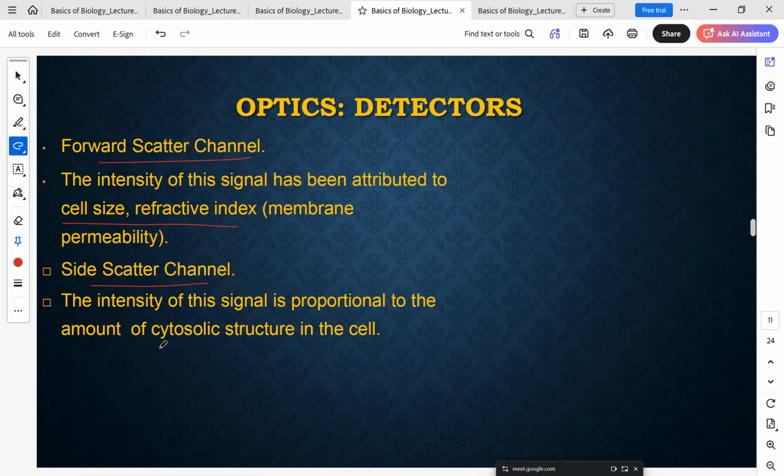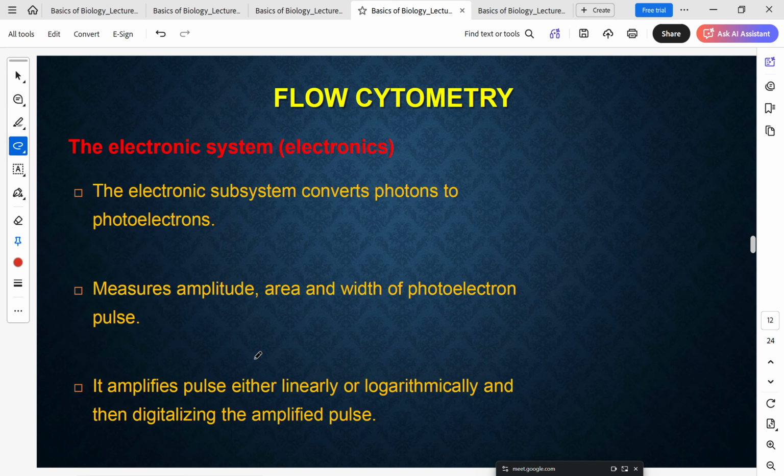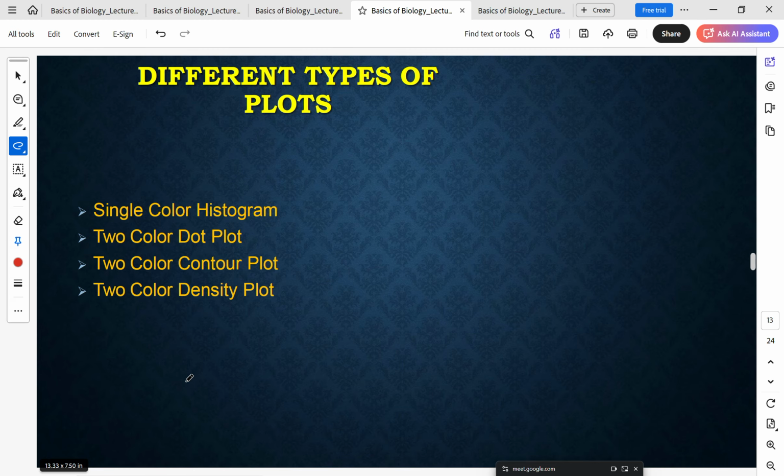So if the cytosolic structure is very convoluted, you will get a higher signal in the side scatter. The electronic system converts the photons that you obtain into photoelectrons and measures the amplitude, the pulse, and then processes it to show us how the population looks.